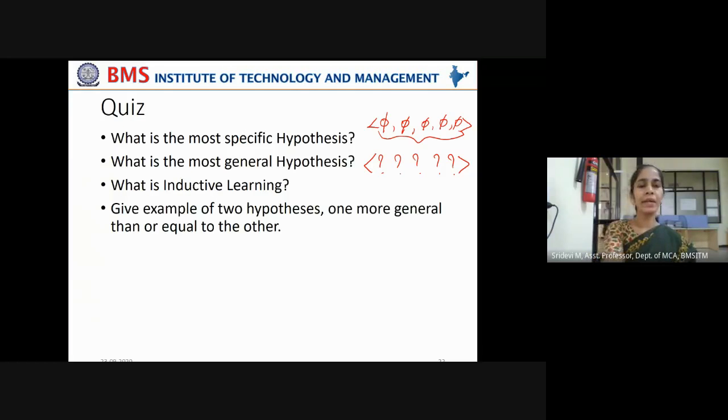Okay. Now, can anybody explain what is inductive learning? What is inductive learning? Or any example for inductive learning? So that I can go back and explain. I can give the definition for you.